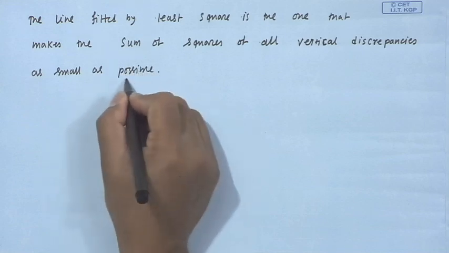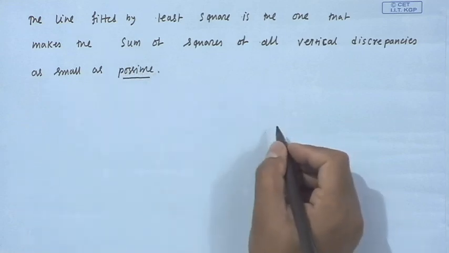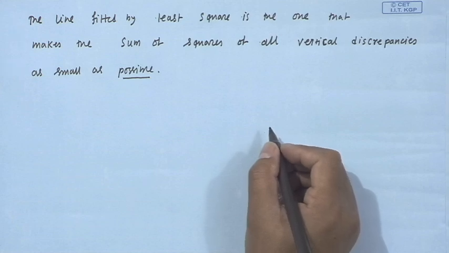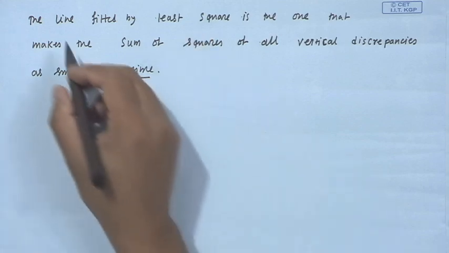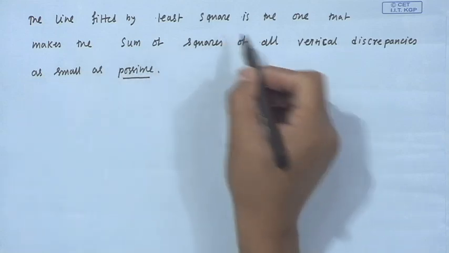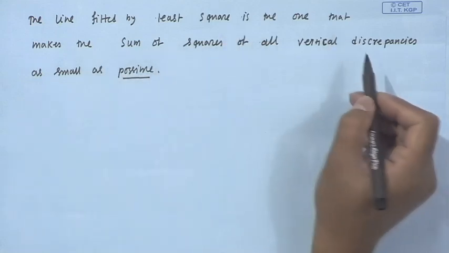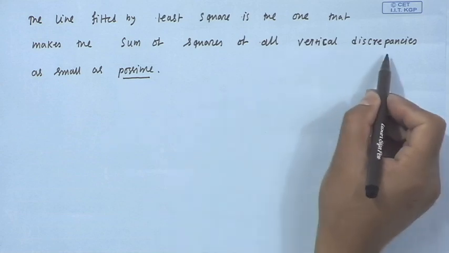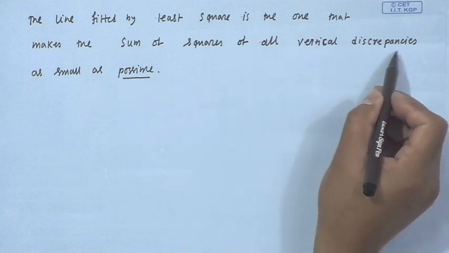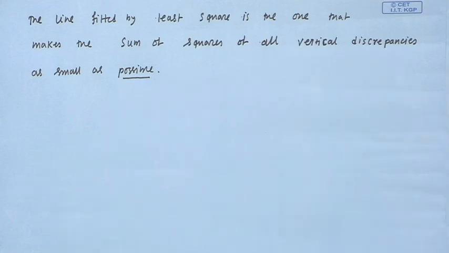So, this is the main idea behind the least square fit. The line fitted by least square technique is the one that makes the sum of square of all vertical discrepancy as small as possible.